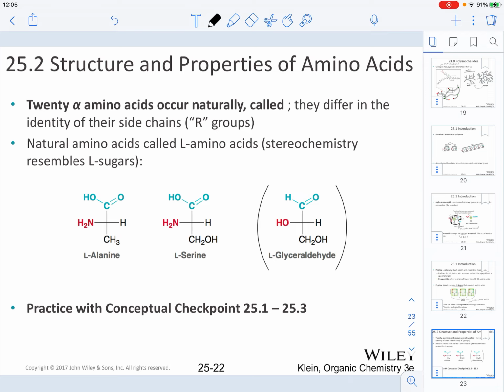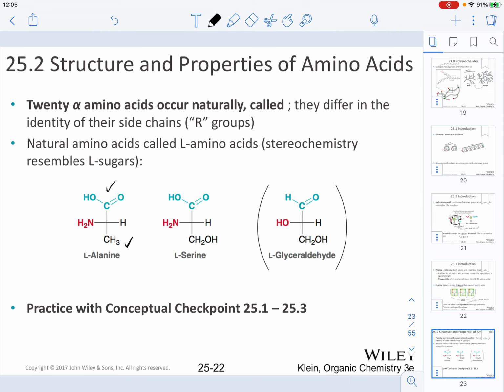Okay, so when we look at the different amino acids, understand that similar to what we mentioned in the carbohydrates, the L and D configurations for amino acids refer to the configuration that they can have. So understand that for an amino acid, specifically, as long as you have the carboxylate on the north side of your amino acid, the R group or side chain on the bottom, and in the middle, you only have the amino and the hydrogen.